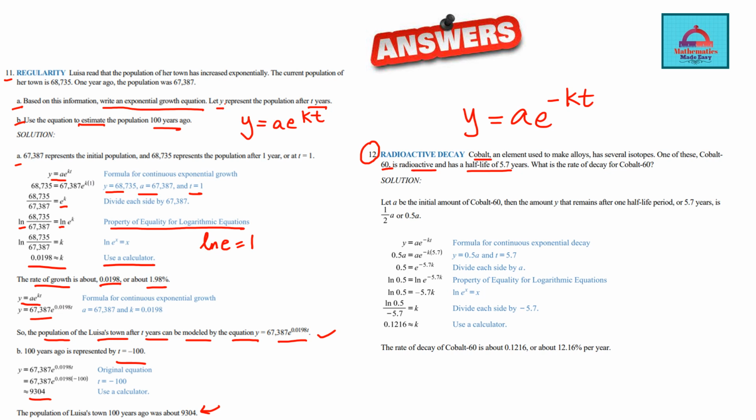So T, or the time, will definitely be 5.7. Here again it is half-life, so the amount that will be left will be 1 by 2 a or 0.5 times a. You put everything in this formula. That's an important formula to remember for you when it comes to exponential decay.